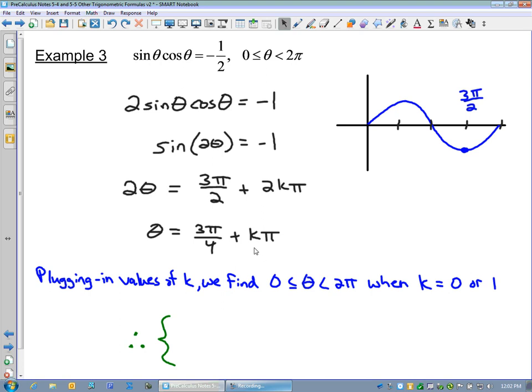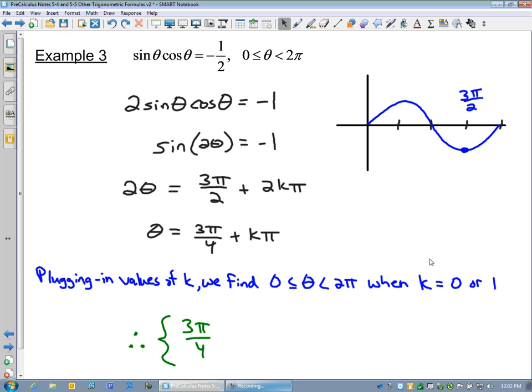And anything that's more negative ends up being even further away from 0. So no negative value of k is going to work. So we're going to start with 0, and if we use 0 for k, then this term goes away, and it just leaves theta being 3/4, which is our first answer.